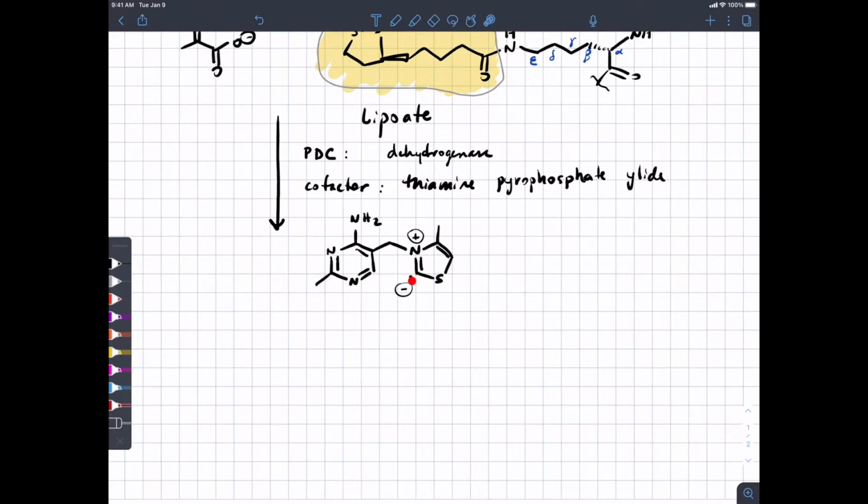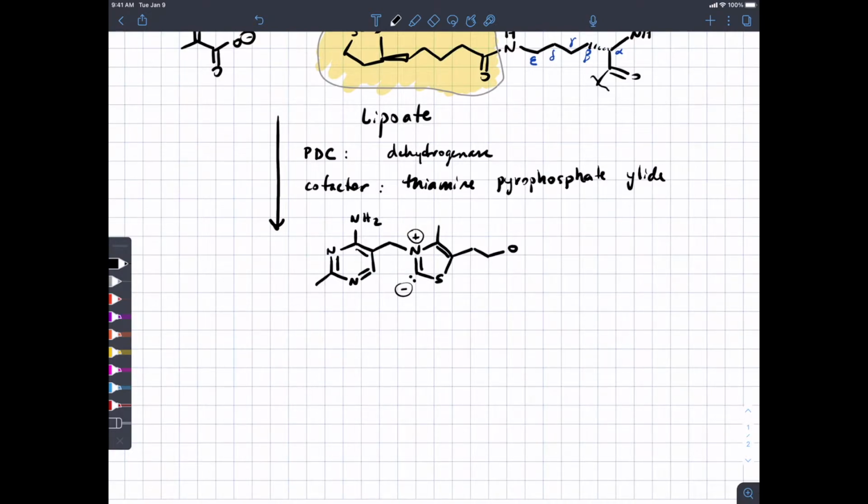These electrons are in an sp2 orbital adjacent to the nitrogen that has a positive charge on it. So even though this is neutral, you have positive and negative charges on adjacent atoms, and that's what we call an ylide. And then here's the pyrophosphate portion.